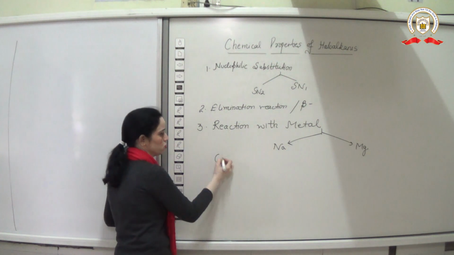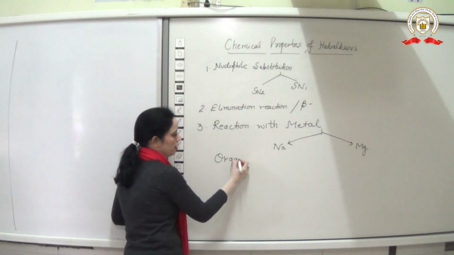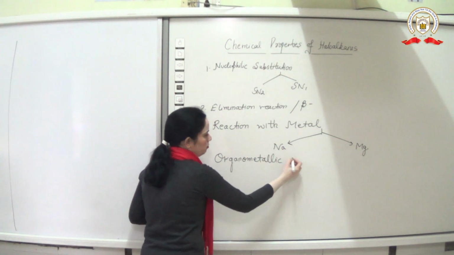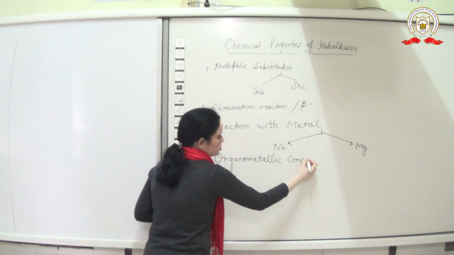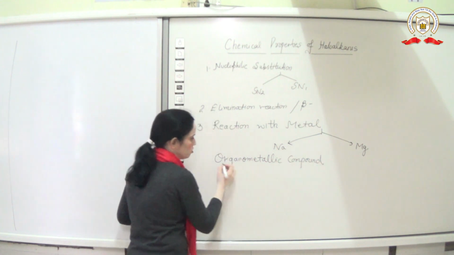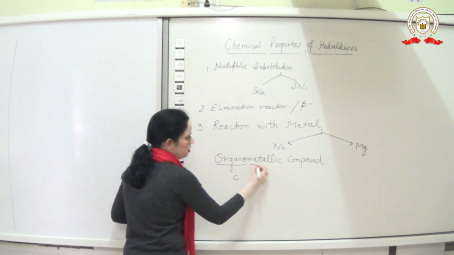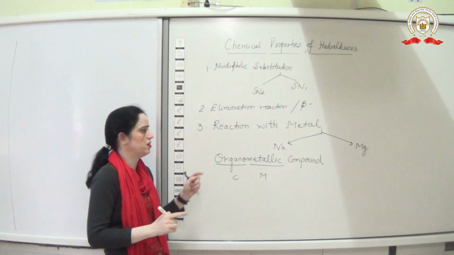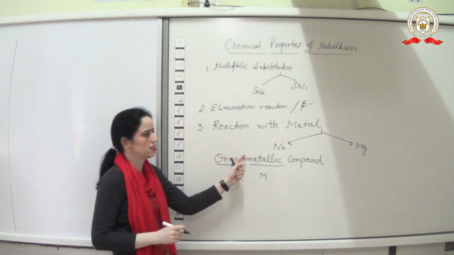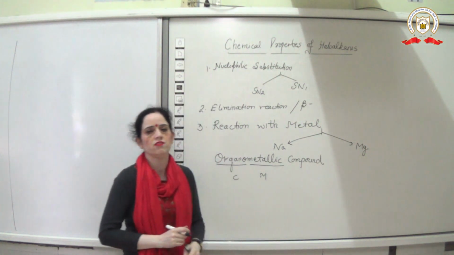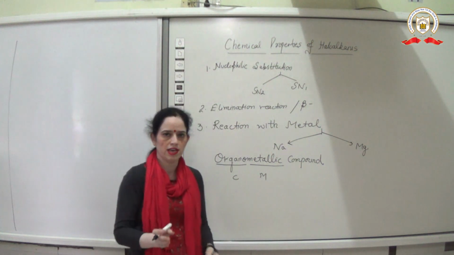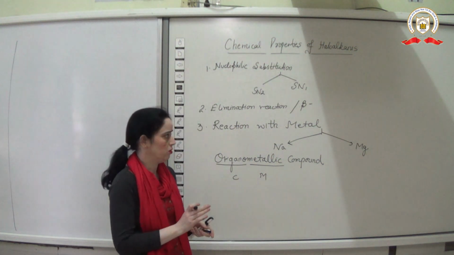These compounds are also known by the name of organometallic compounds. So a very sincere approach towards it is organo related to carbon and metal part. So when we are dealing with RX related with Na or RX related with Mg, it gives rise to the type of compound, mainly in case of Mg, as organometallic compounds.